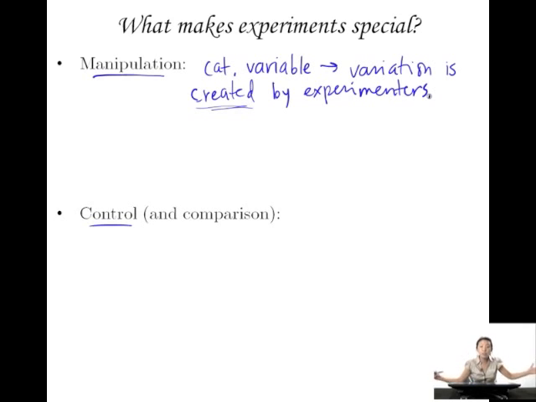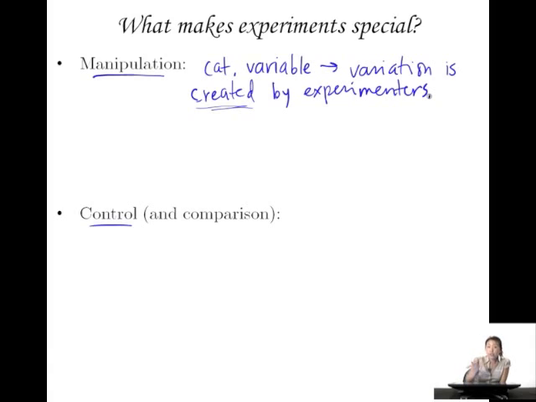They might take a whole bunch of people, none of whom have radios, so they're all the same at first. But then the experimenters create variation by randomly assigning half of them to get a free radio, right? So in that way, the experimenters are the ones creating it. They're the ones mucking around in there, right? And that's manipulation. So the categorical variable gets manipulated. Whenever you think manipulation, I want you to think of created, like rolling up your sleeves and getting in there, making them a certain way. And that's one thing that experiments do differently.